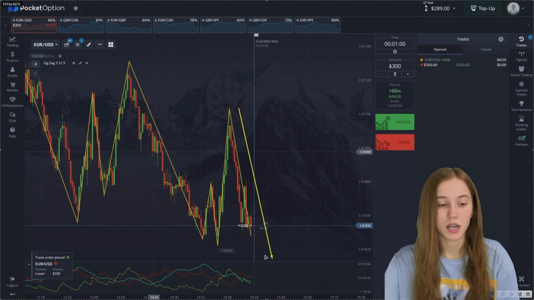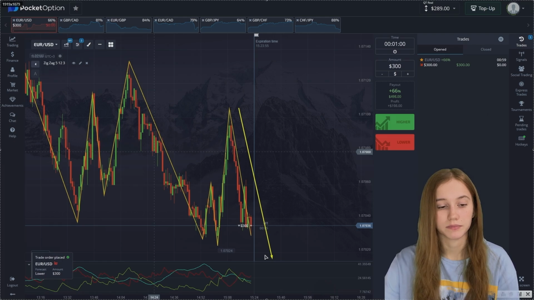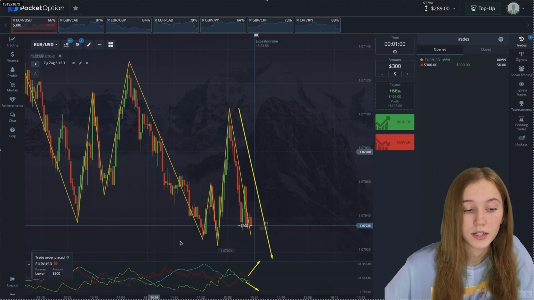Good. And by ADX, we also see a clear downward trend. This is important. And in our situation, the intensity drops, we see it in the range.